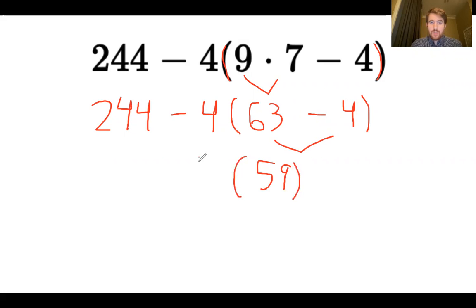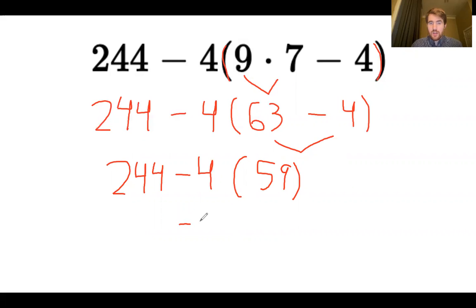So now we've dealt with what's inside the parentheses, we can move on to what's next. We have 244 minus 4 times 59. What do we do next? Well, we cannot do the subtraction yet. We have to do multiplication and division first. Remember, when there's no symbol here, that means we multiply. So we're going to do 4 times 59.